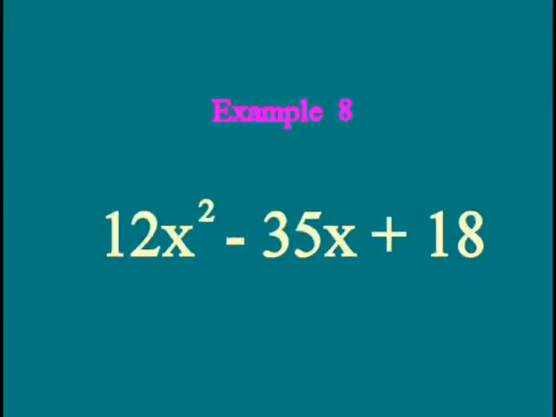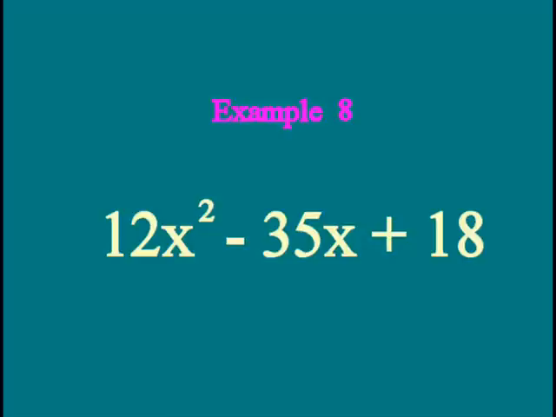And here's the last example. 12x squared minus 35x plus 18. I doubt that you need to factor anything more difficult than this one. So let's give this a try. The reason this problem's a mess is because there's so many possible combinations.